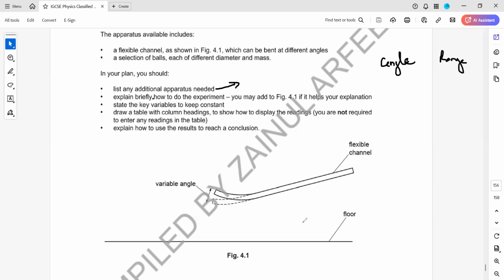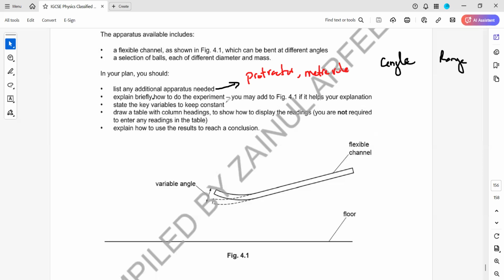Angle can be determined by using a protractor. And how can range be determined? By using a meter rule. So the additional apparatus I need are a protractor and a meter rule, or a meter scale.